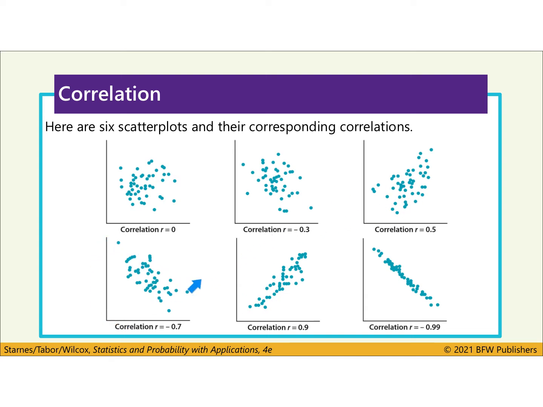Even less spread out if you go to a -0.7. A 0.9 is even closer together, and then a 0.99 almost looks like a perfect line. They're not a perfect line, but they're really close together. So there are some examples of what correlation and the corresponding scatter plot would look like.